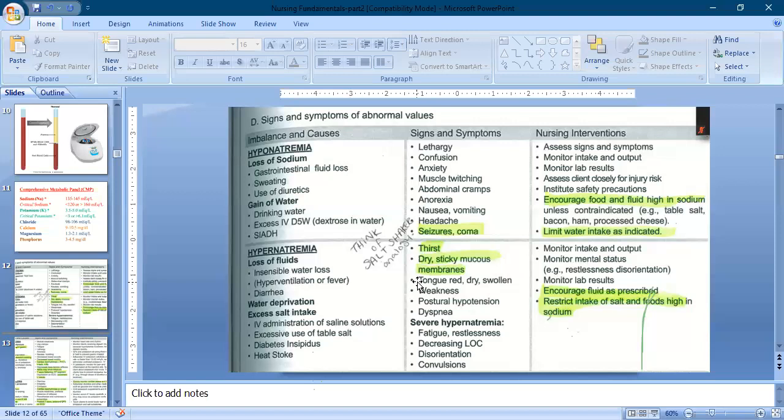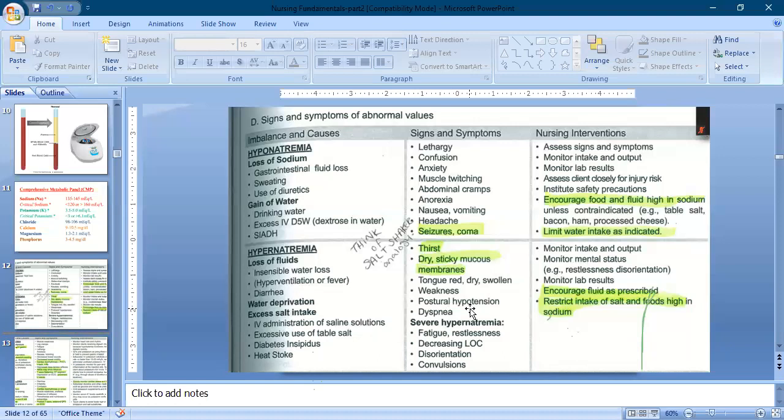And what are the symptoms of hypernatremia? The patient develops tachycardia, muscle twitching or weakness like hyponatremia, GIT upset, right? And also the patient develops postural hypotension.